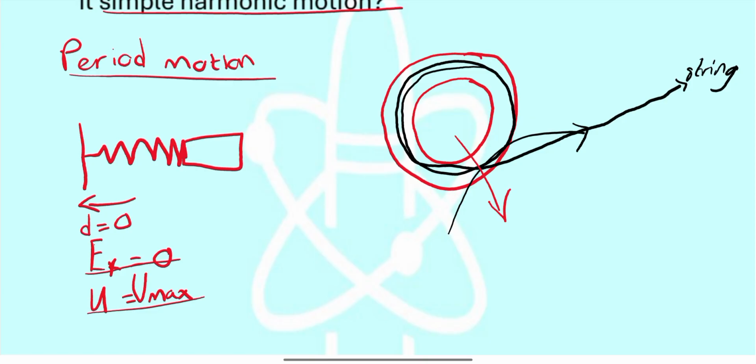Not all of its potential energy is converted into translational kinetic energy. Some of it becomes rotational kinetic energy. So this is why the yo-yo is not a simple harmonic motion. It is just a periodic motion that is not simple harmonic motion.